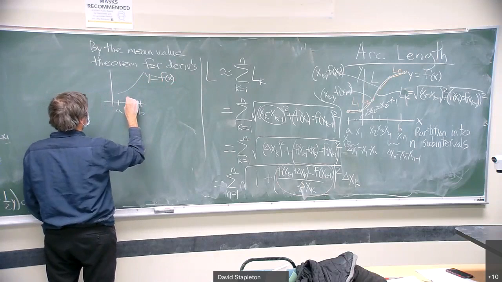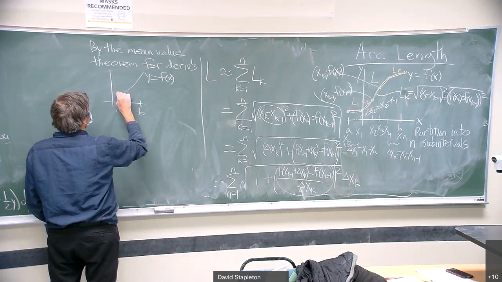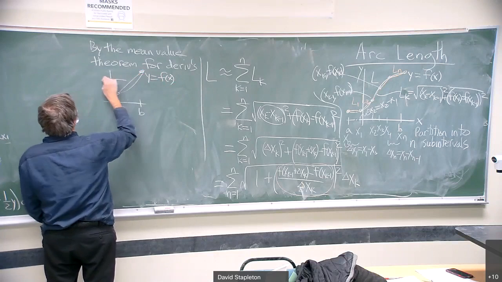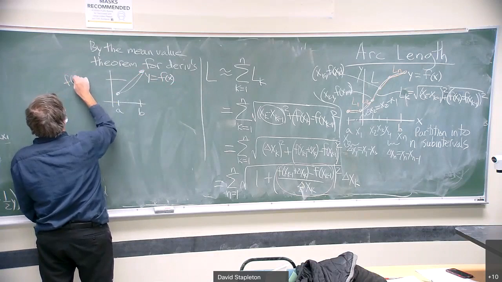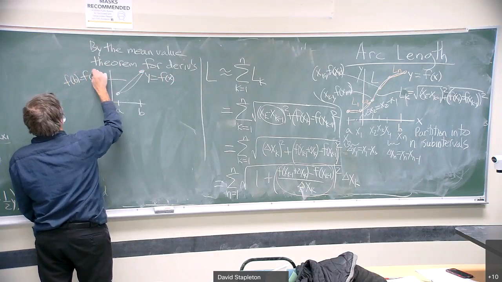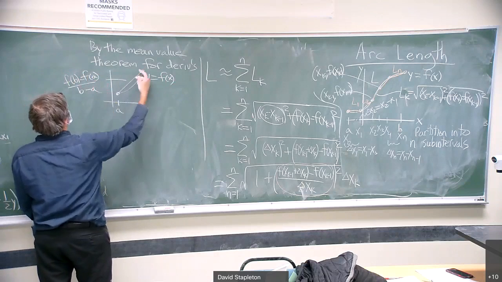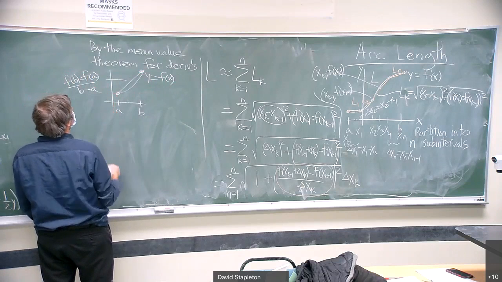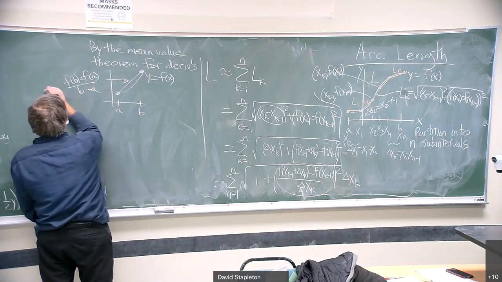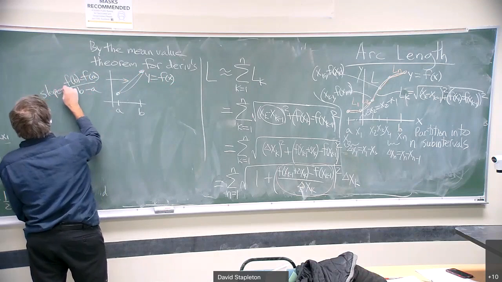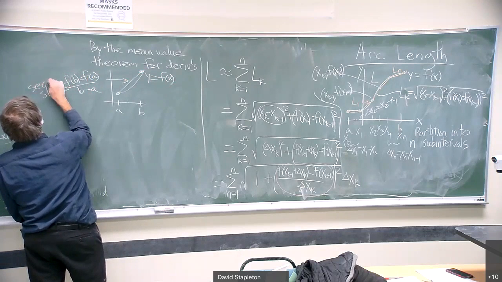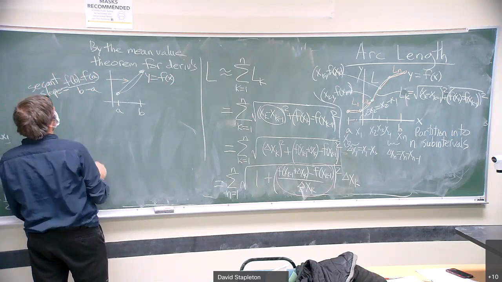The slope of the secant line here is f of b minus f of a over b minus a, right? The rise over the run is what this is. And that's the slope here of the secant line, one that goes through the function at 2 points.